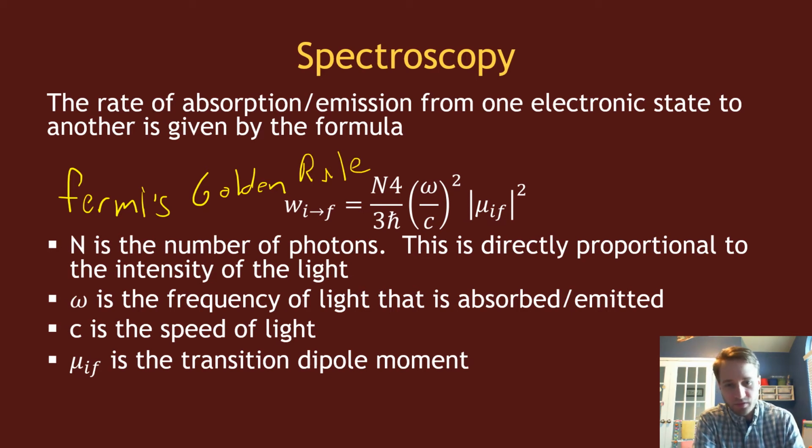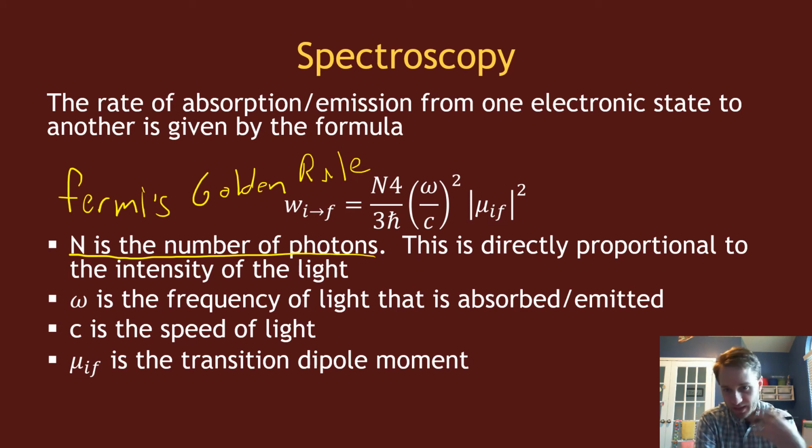The key things to note here: the rate at which you are absorbing, how fast you are absorbing, depends on the number of photons you're hitting it with. The more photons hit your surface for some period of time, the more absorption events you're going to have.